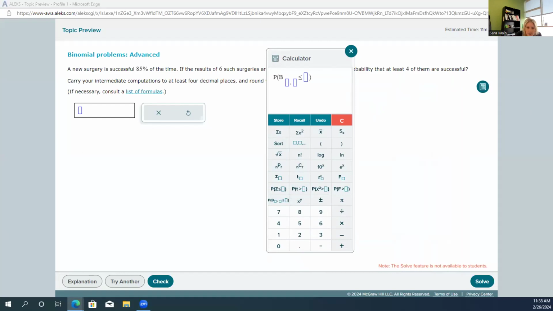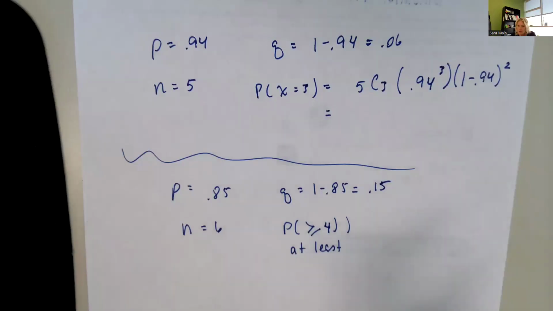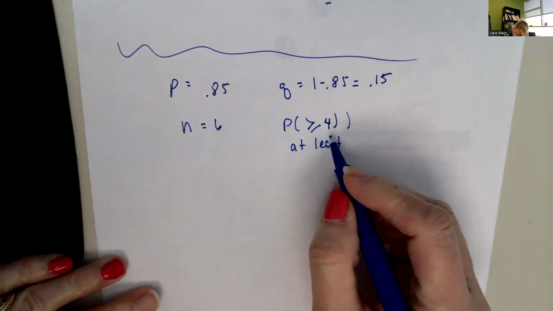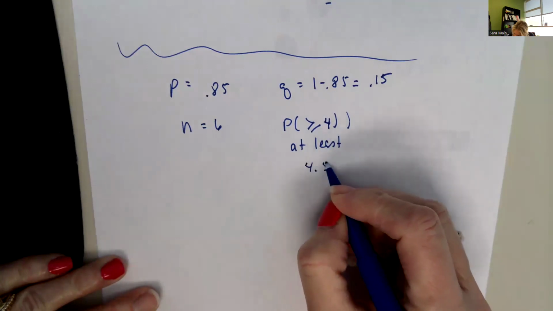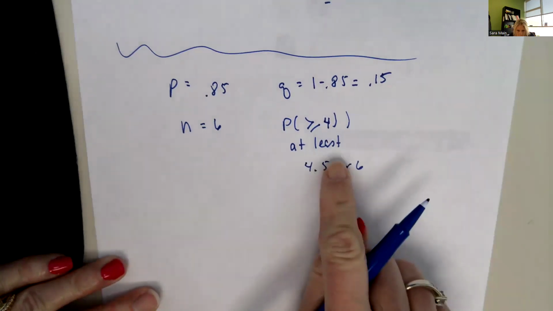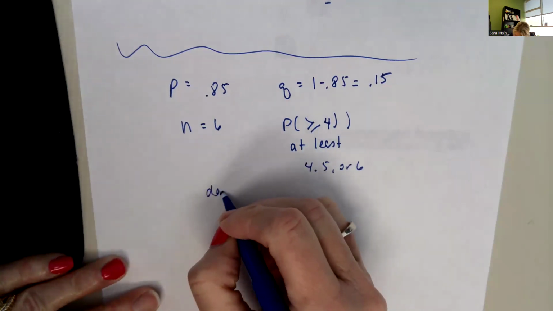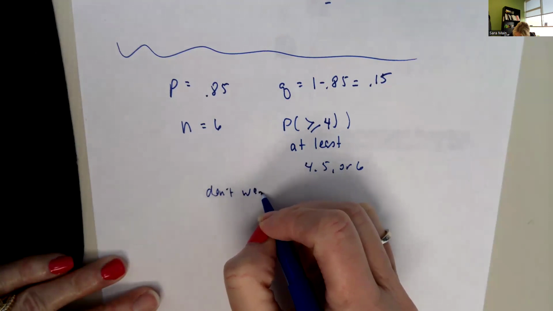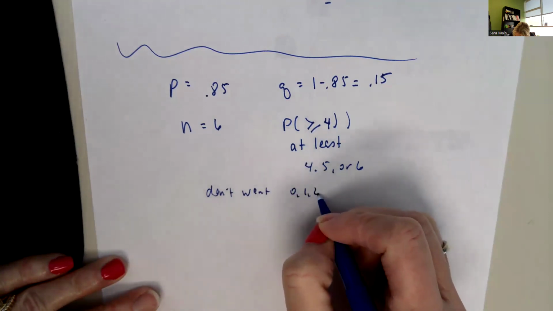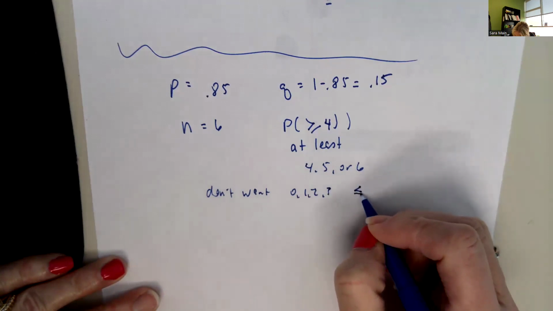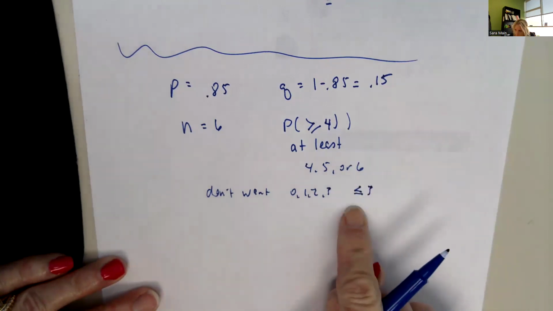So I'm going to go back to my paper because I want you to see: when you want greater than or equal to 4, it means 4, 5, or 6 would be included. That means you don't want 0, 1, 2, or 3, which would be less than or equal to 3.